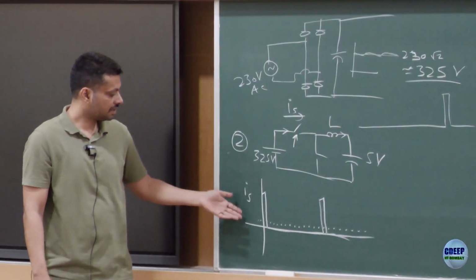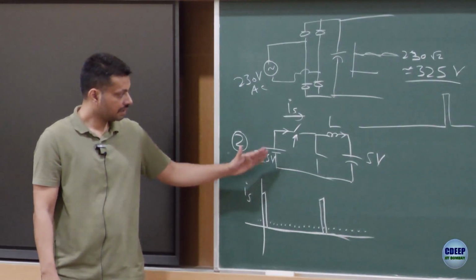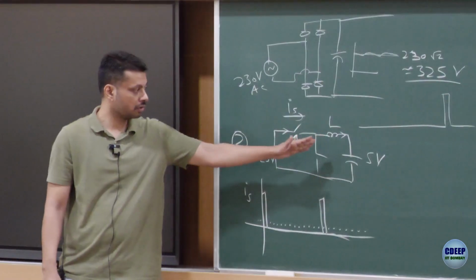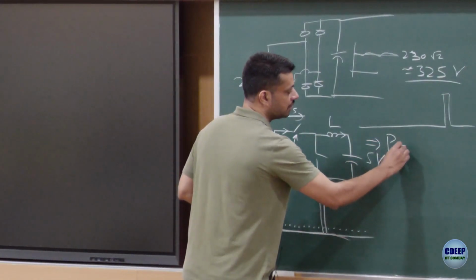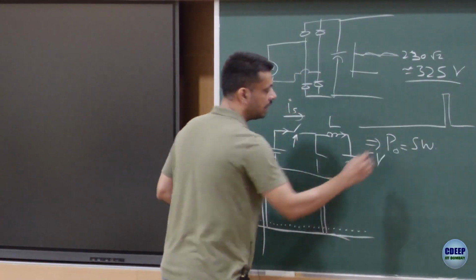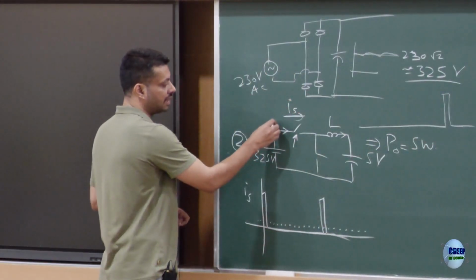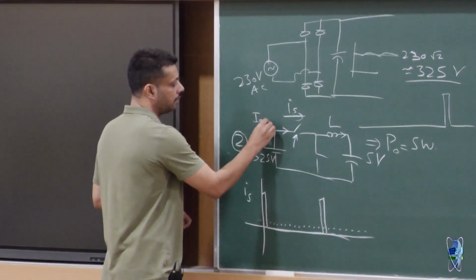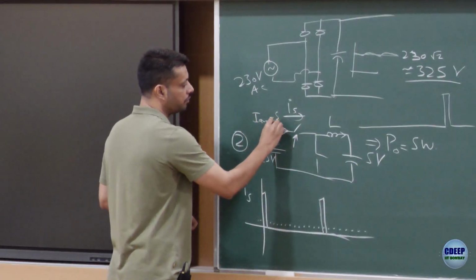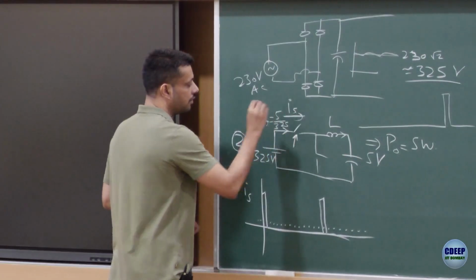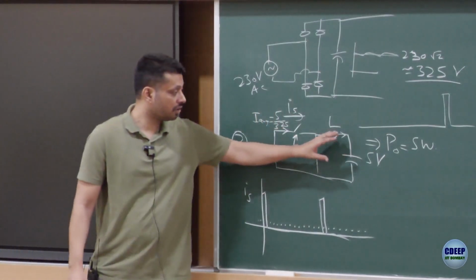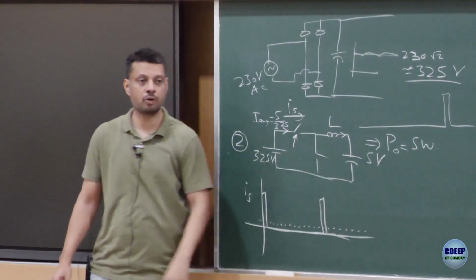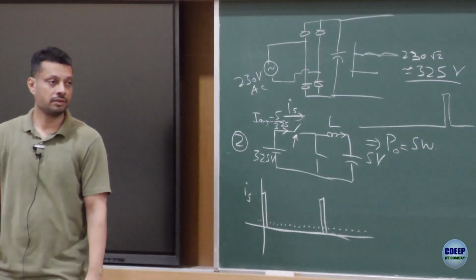What I'm saying is that in this case, the average input current and the average output current, assuming some average output power, let's say 5 watt, this average current will remain constant and equal to 5 upon 325. Will the average be constant or will the RMS be constant if I keep reducing the output voltage, maintaining the same output power?